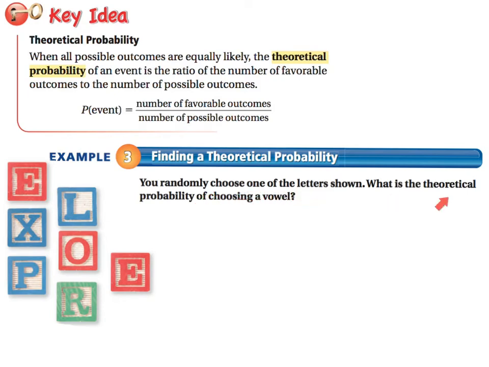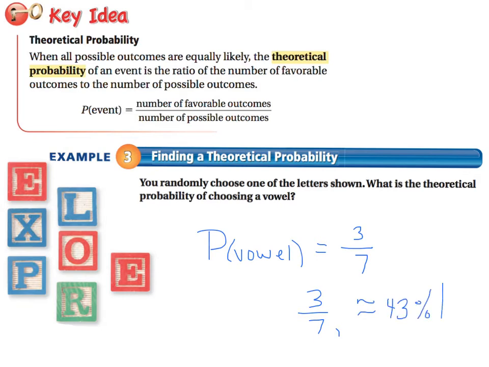What is the theoretical probability of choosing a vowel? Well, the favorable outcomes, there are 3 vowels, E, E, and O, and a total of 7 letters. So the probability of choosing a vowel is 3/7, or if you wrote it as a percent, approximately 43%. Really easy.